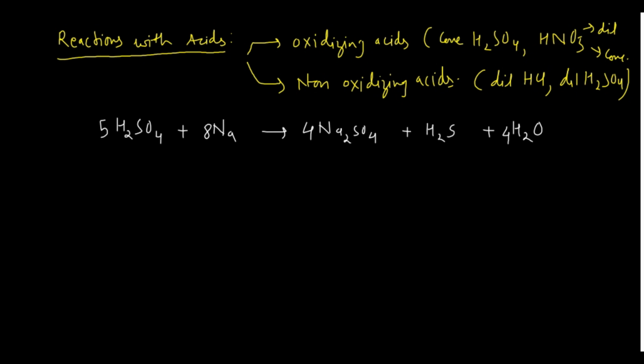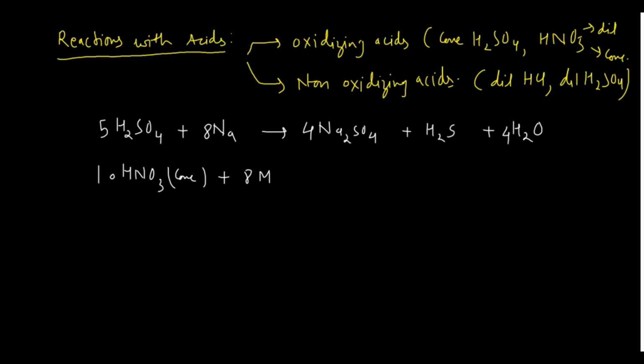This is important. Now suppose you are having HNO3, and for example it is the concentrated one. For concentrated acid you are reacting this with sodium. Again 8 equivalents of sodium are required and 10 of this acid are required, because it is a monobasic acid, right?